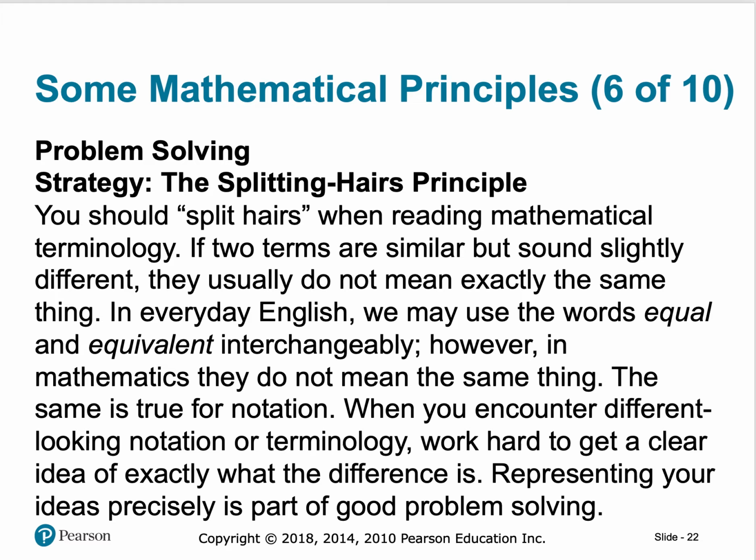And the splitting hairs principle is interesting. So when we're reading math statements, we want to really split hairs, okay? So what that means is, if terms are similar, but it seems like they might be even the tiniest bit different, they don't actually mean the same thing. So in everyday English, when I say equal and equivalent, that means the same thing.